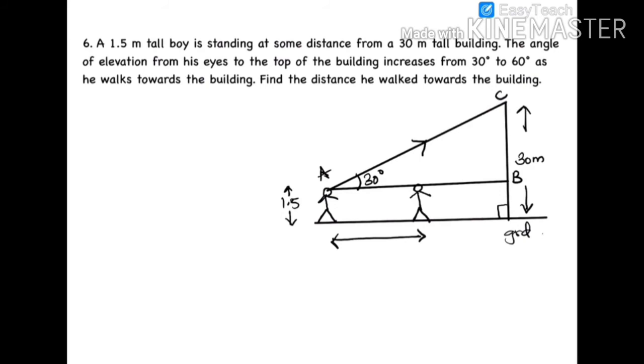We will mark these points as D, E, F. So this boy has covered a distance of DE towards the building. Now when he looks at the top of the building, then his line of sight makes an angle of 60 degrees with the horizontal.